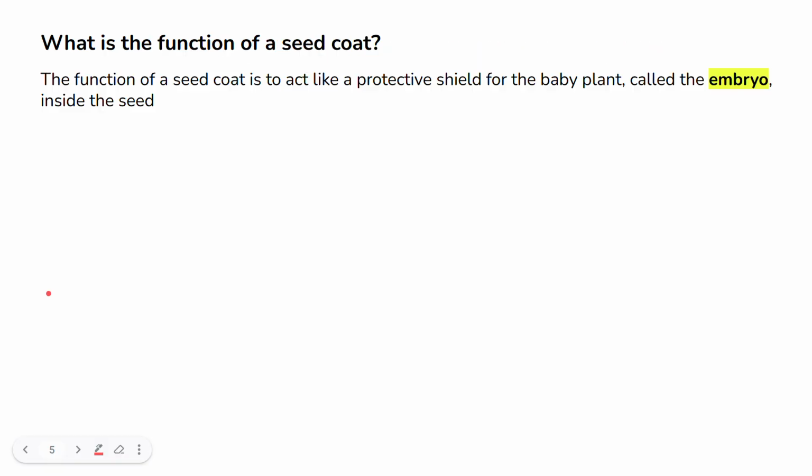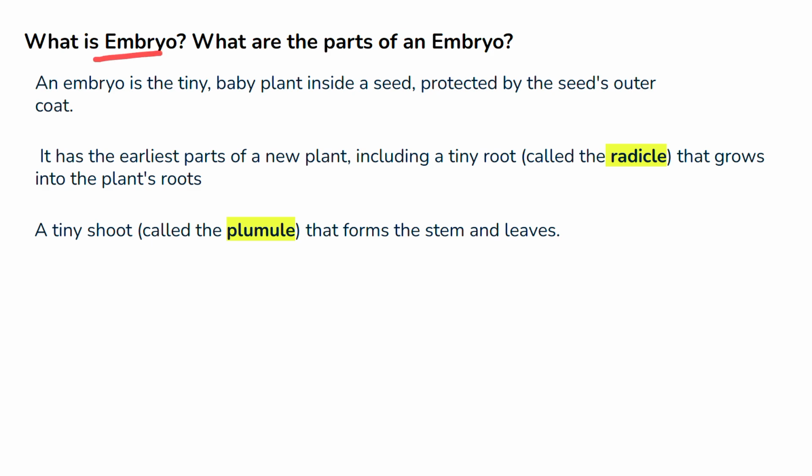Now we're going to talk about the functions of these three basic parts of the seed. What is the function of a seed coat? The function of a seed coat is to act like a protective shield for the baby plant, called the embryo, inside the seed. What are the parts of the embryo? An embryo is a tiny baby plant inside a seed, protected by the seed's outer layer.